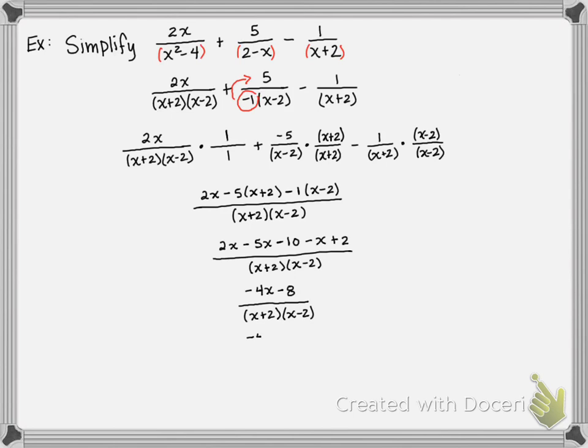So then we factor a -4 out of the numerator. And then my x plus 2's are going to cancel. So we end up with -4 over x minus 2. It's always so exciting when things cancel at the end after all that work.